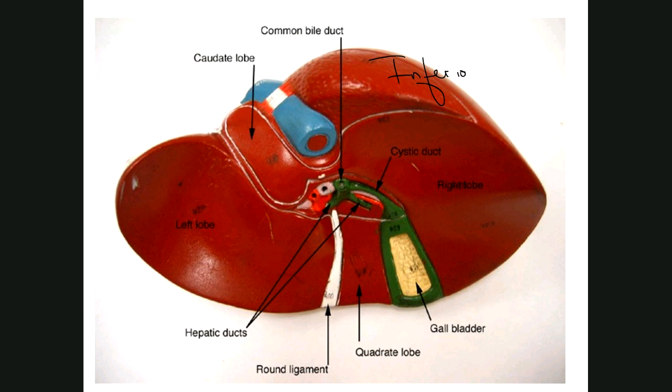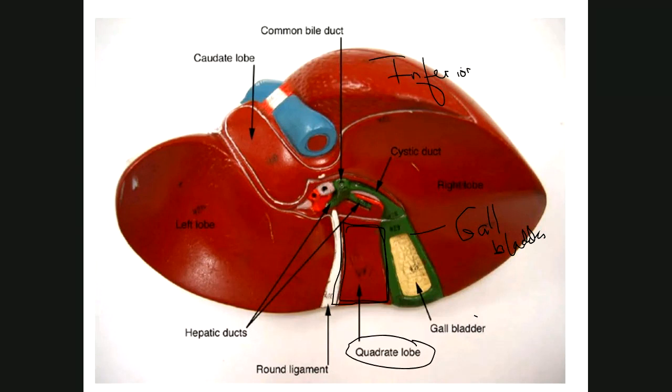The easiest way to find these is to find 2 other things first. One is to find the gallbladder. It's green and it's fairly large, so it's easy to see. And there's a lobe right next to it, and this lobe is pretty square, so it's called the quadrate lobe.